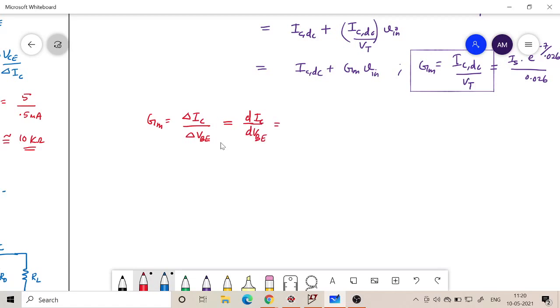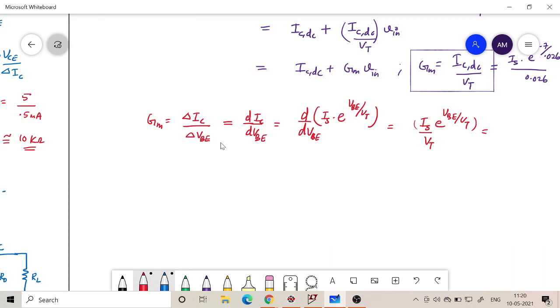Now what is IC? So that is d by dVBE of Is into e raised to VBE by Vt. So that is equal to Is by Vt into e raised to VBE by Vt. Now what is this?